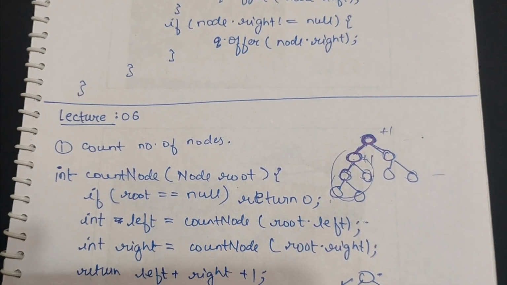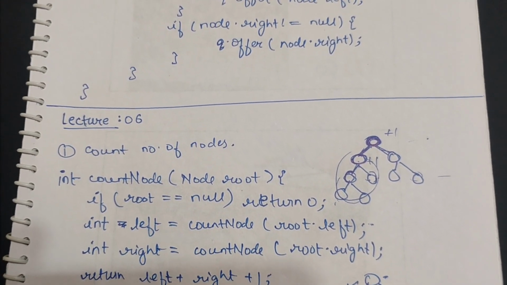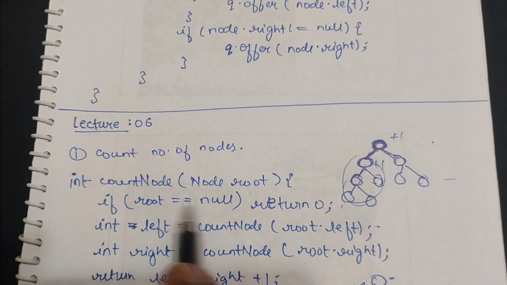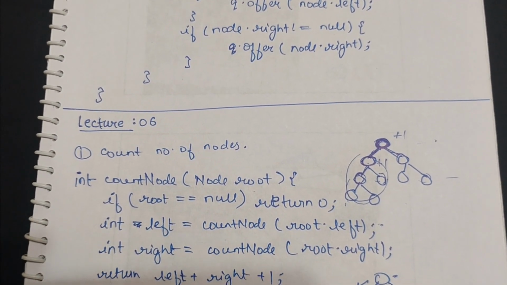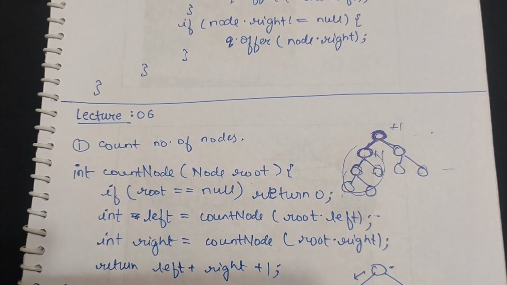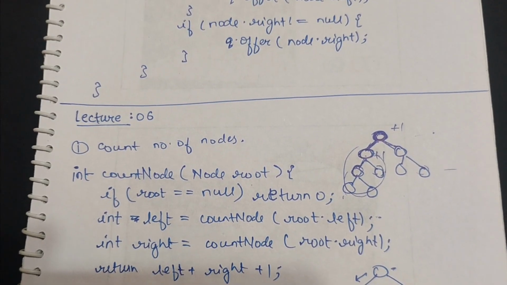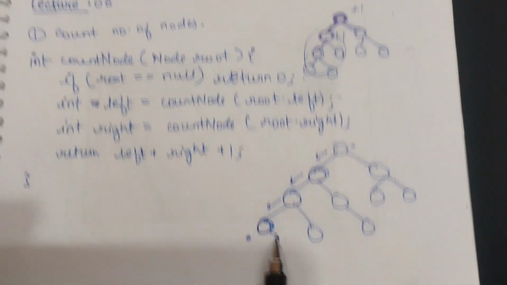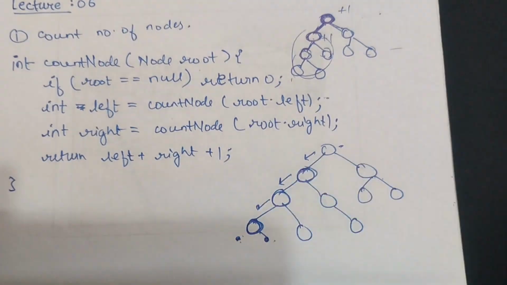Is it null? No. Then to its left, now the pointer comes over here. Now the root is null, so return 0. Then to its right, the pointer comes over here, it is null, so return 0.